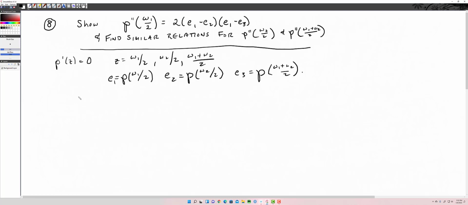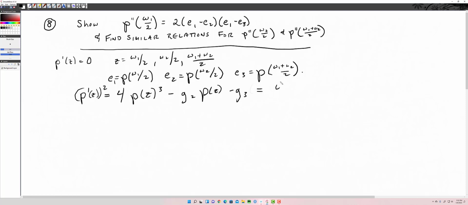And we could write that differential equation for P of Z cubed minus G2 P of Z minus G3, which if you remember was P prime of Z quantity squared.